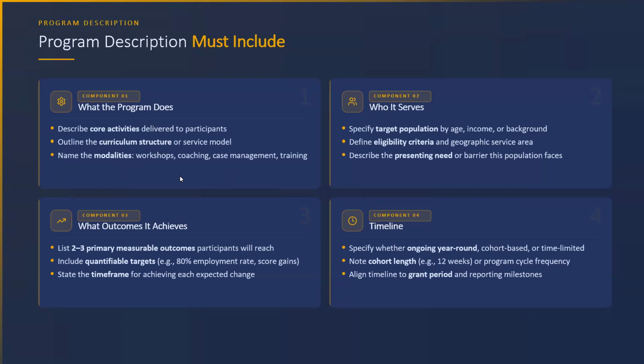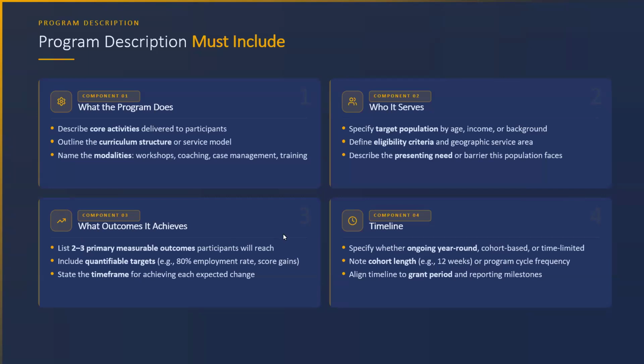Name the modules, for example, workshop, coaching, case management training, whatever the case might be. Who does it serve? Specify target population by age, income, or background. Define eligibility criteria and geographic service area. Describe the present need and the barriers the population faces.